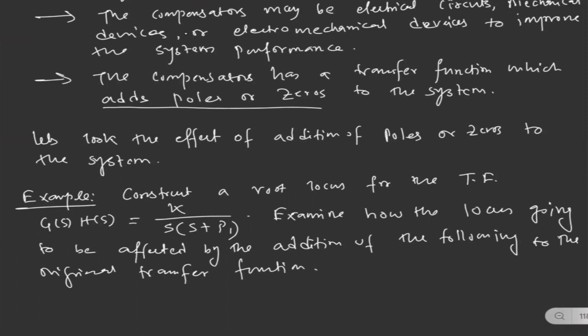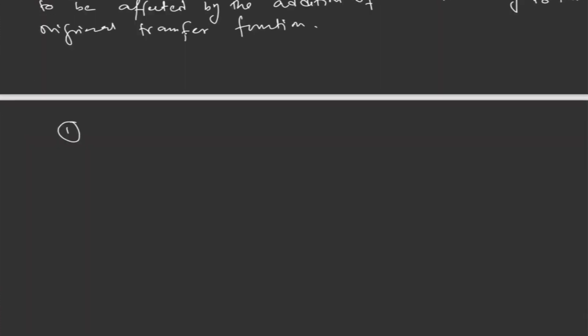So let me go through the following. What are the additions we have to do? The first addition is we'll add a simple pole and see how the root locus will be affected.